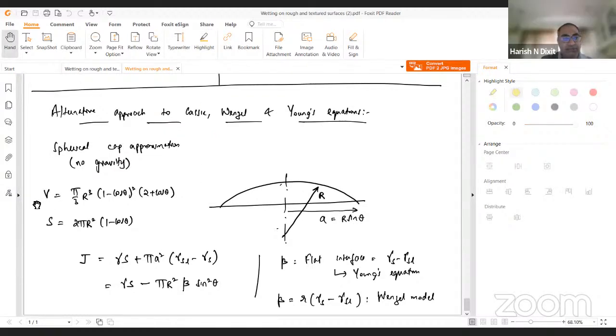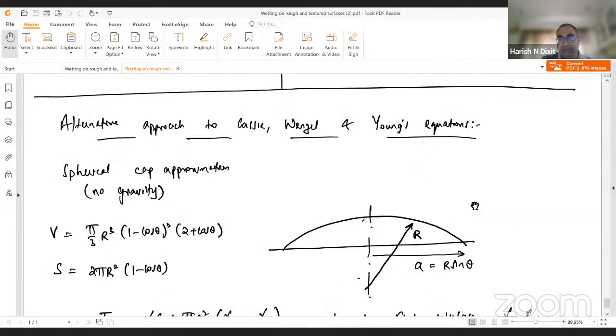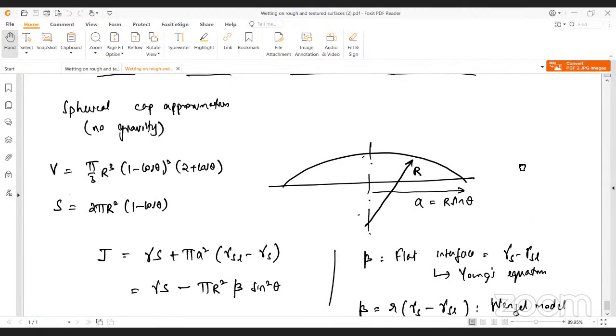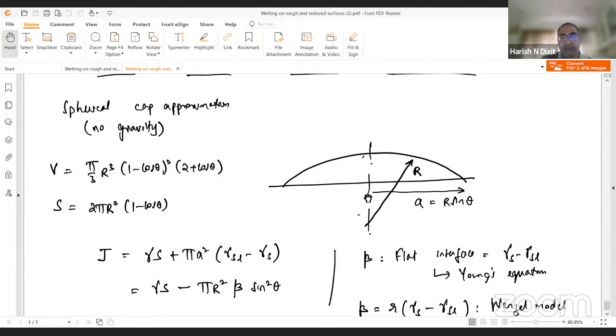Now, in the spherical cap approximation, I've already given this, it's just direct geometry. The radius of the droplet is R, and the projection of the droplet on the flat surface, that is, the wetting surface on the horizontal surface, is A, which can be directly related to the radius R as A equals R sine theta.